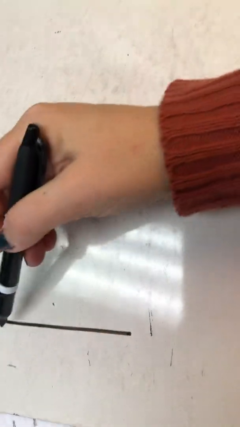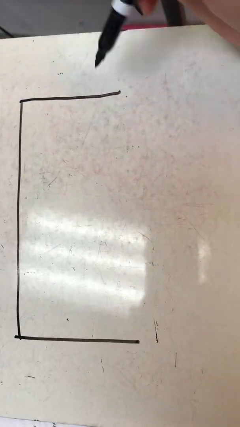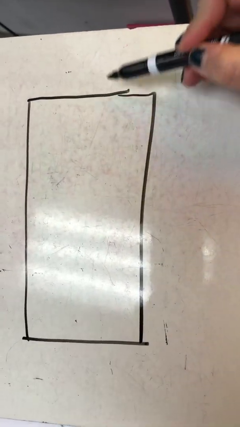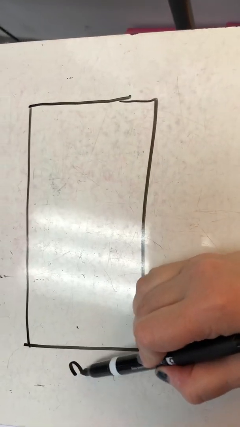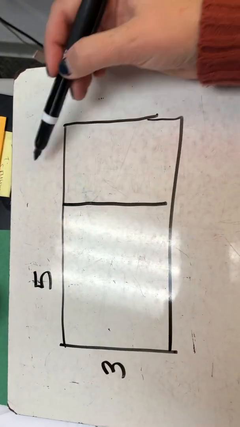let's find the area. I'm going to show you a rectangle. Of course, you're going to pretend that my lines are perfectly straight and that I did a great job using a straight edge. We're going to do a little review here.